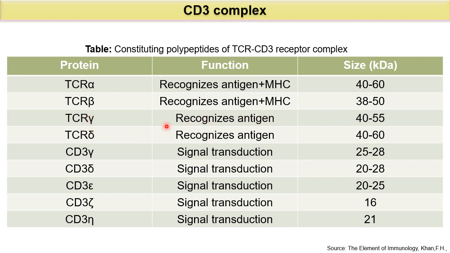The size of TCR gamma is 40 to 55 and TCR delta is 40 to 60 kilodalton. The function of all the CD3 proteins, gamma, delta, epsilon, zeta and eta, is signal transduction, and the size of CD3 gamma is 25 to 28, delta 20 to 28, epsilon 20 to 25, CD3 zeta is 16 kilodalton and CD3 eta is 21 kilodalton.